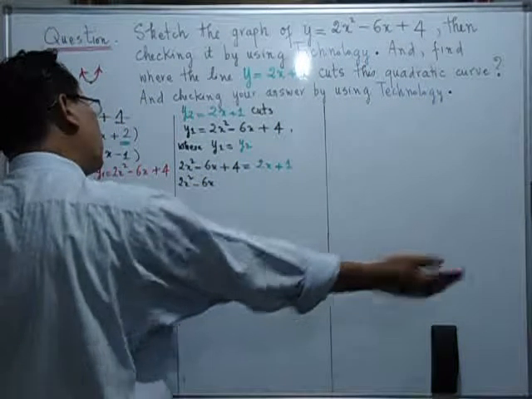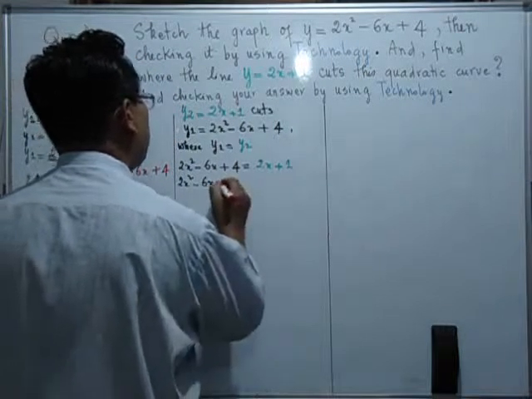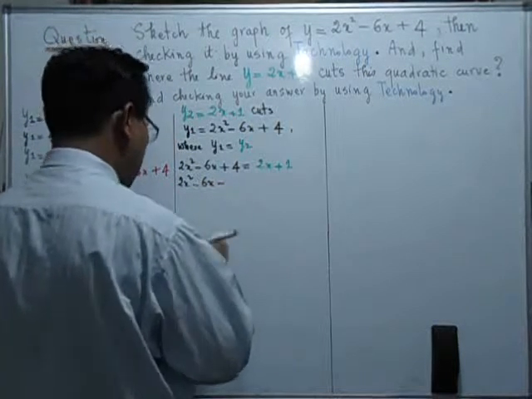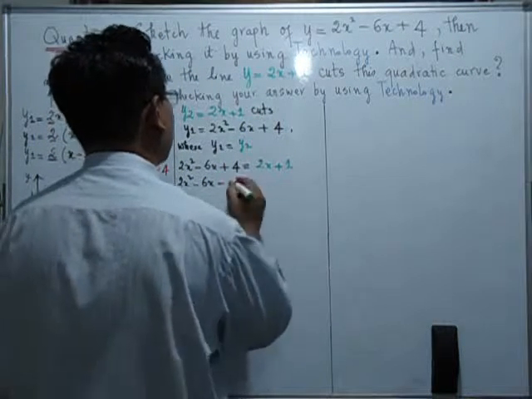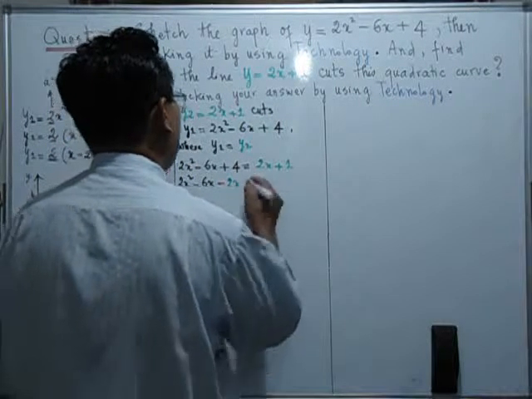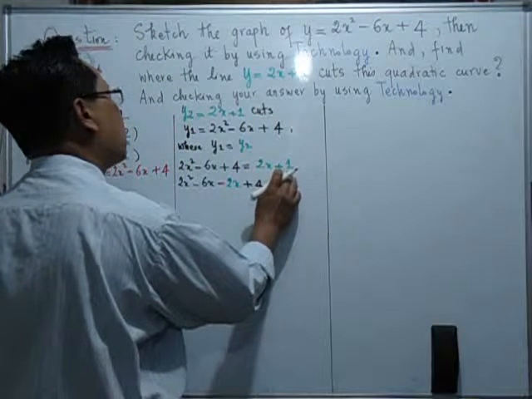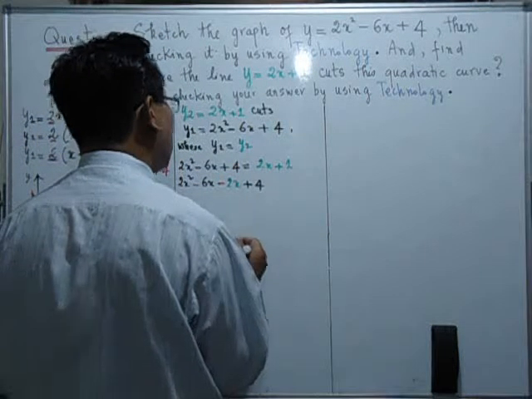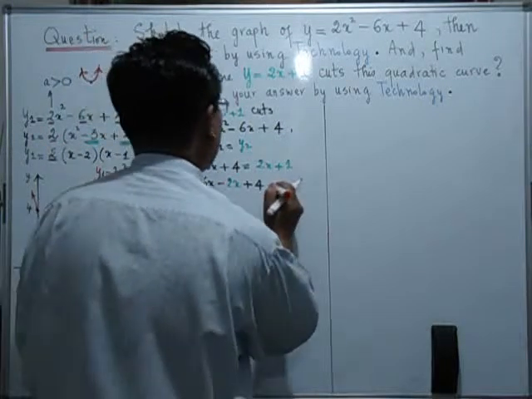This 2x jumps from right to left and becomes minus 2x, plus 4, and this constant 1 jumps from right to left and becomes minus 1.